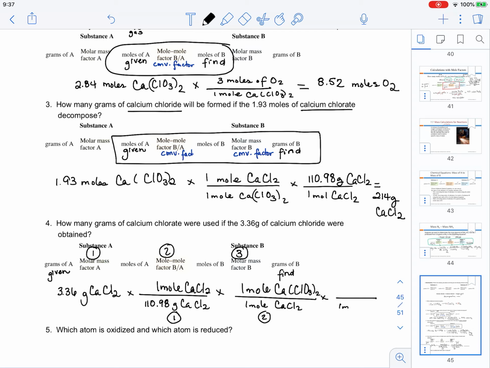So in 1 mole of Ca(ClO3)2, we're going to have 206.976 grams of Ca(ClO3)2.